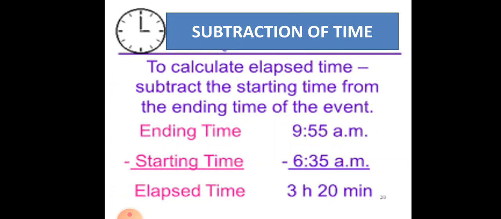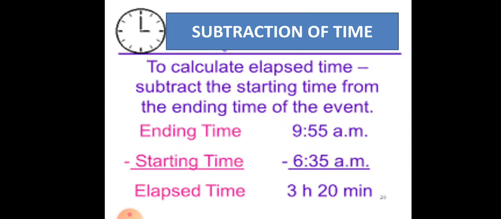Subtraction. How do we do subtraction? 9:55 a.m. is the ending time and the starting time is 6:35 a.m. So we have to find the elapsed time. In elapsed time, when we have to add, it is a formula: starting time plus elapsed time is equal to the finishing time. But when we have to find the elapsed time, we have finishing time minus starting time is equal to elapsed time.